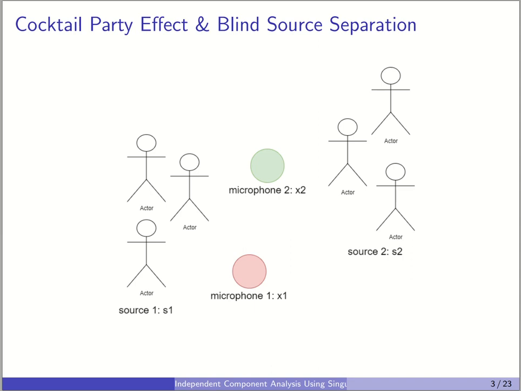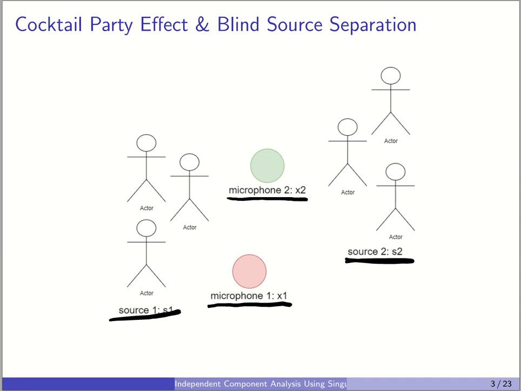These voices are mixed. So you have two sources, S1 and S2, and assume that we are recording these voices in the party with two microphones, X1 and X2. X1 and X2 are the measurements which measure the voices in the party, and S1 and S2 are the sources which generate the voices.